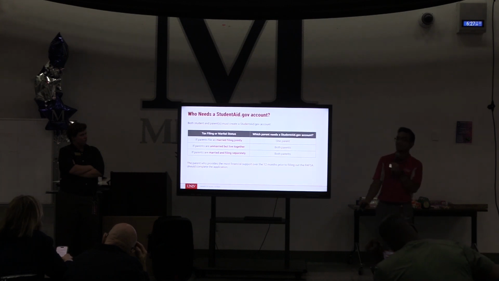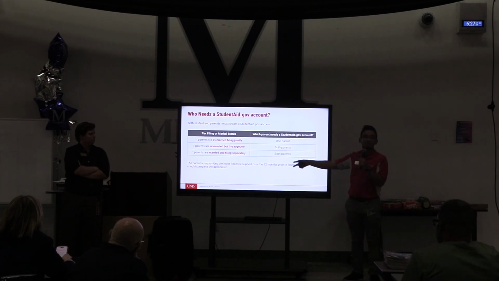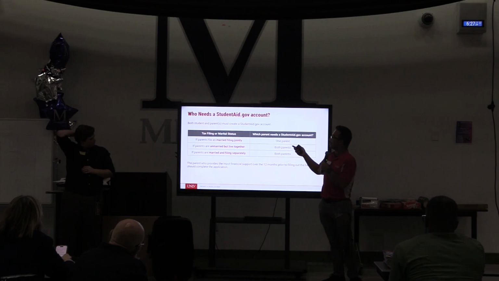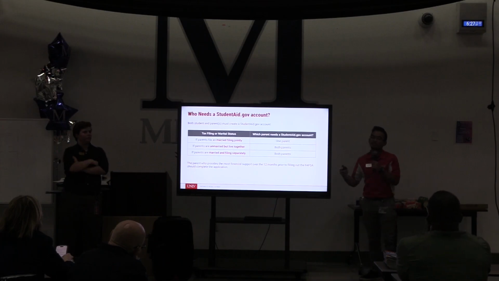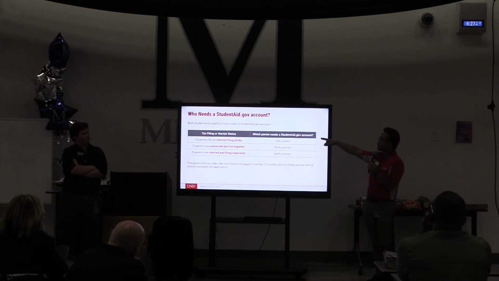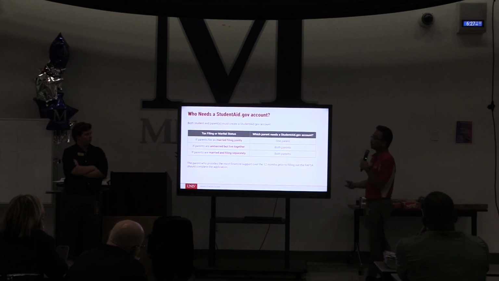Now, this is a common question we get a lot. Who needs a student account? Whether it be a mixed marriage, in the family. If your parents are married and they file taxes jointly in 2024, this FAFSA is going to use 2024 taxes. You only need one parent for this situation. If parents are unmarried but still living together, we're going to need both parents.